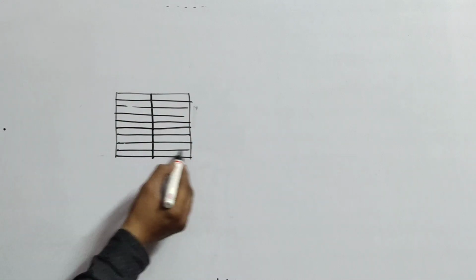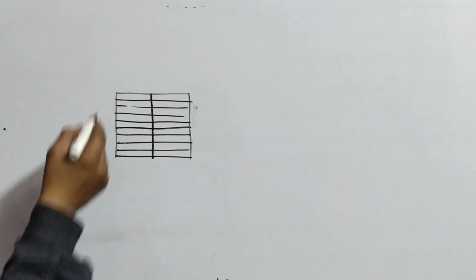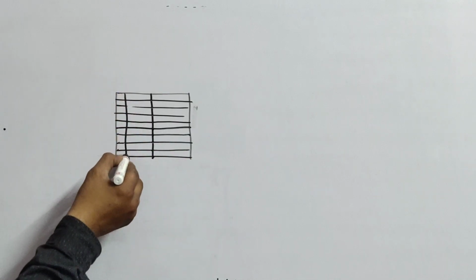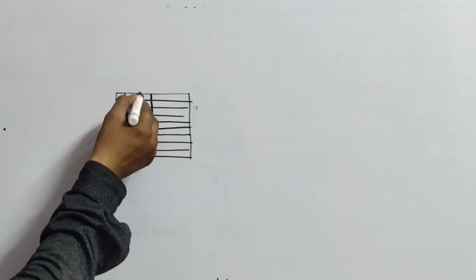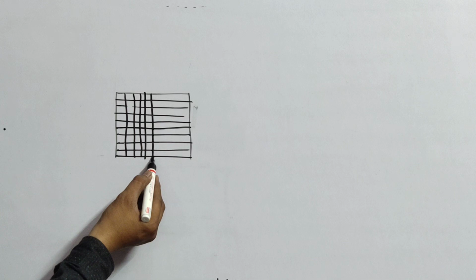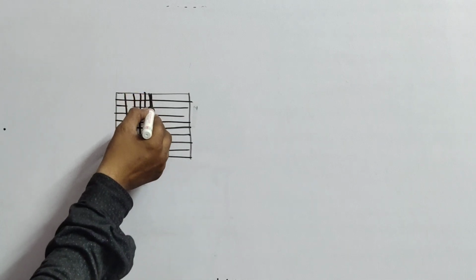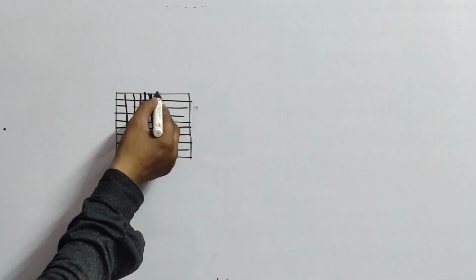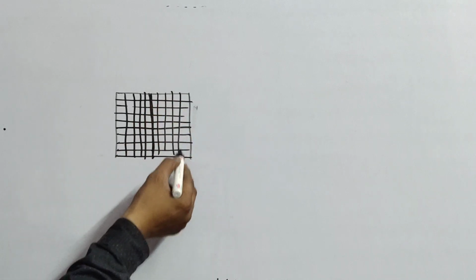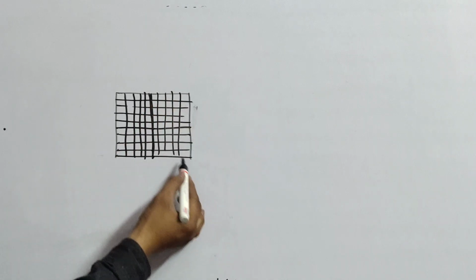Similarly, that means till now I have drawn horizontal lines. Similarly, you have vertical lines. 1, 2, 3, 4, and this is the fifth line. The little bit dark line is there, no? That is fifth line. 6, 7, 8, 9, and this is the 10th line. So the graph will be like this.